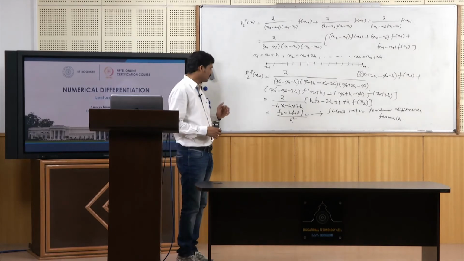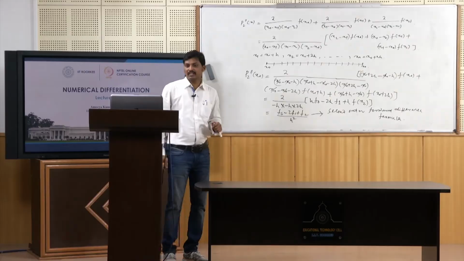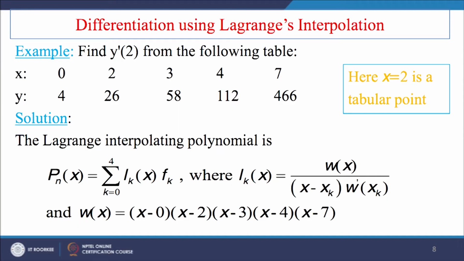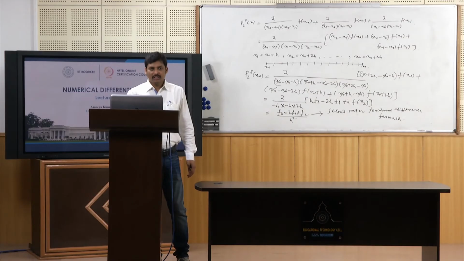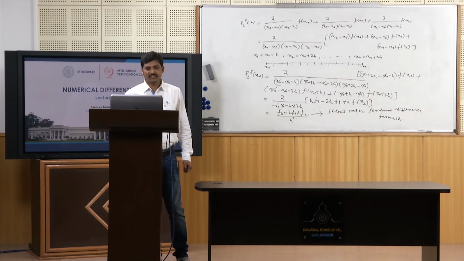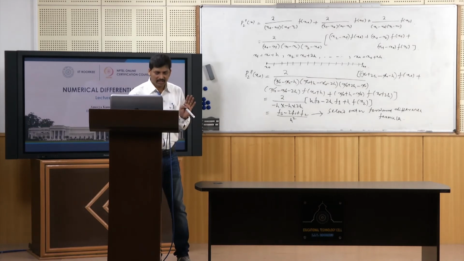First, consider this example, where x is prescribed at 0, 2, 3, 4, 7, an unequally spaced set of points, with functional values 4, 26, 58, 112, 466, and the value is to be computed at x equals 2. Since x equals 2 is a tabular value in this problem, we are asked to evaluate y dash of 2.